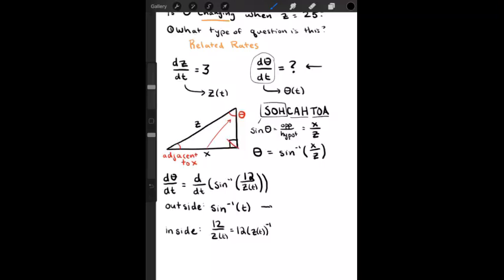So what's the derivative of sine inverse of t? This is one we really just need to remember, or write down, or have at hand. It's basically one from a table. The derivative of sine inverse is 1 over the square root of 1 minus t squared.